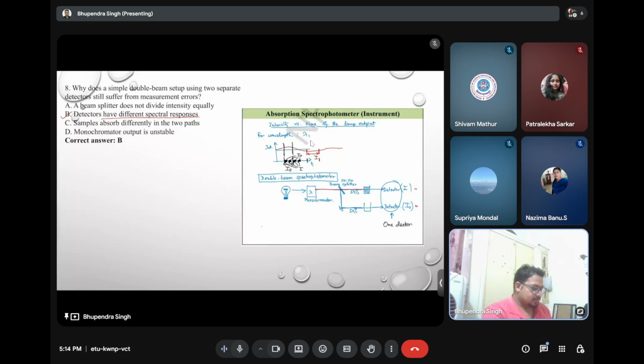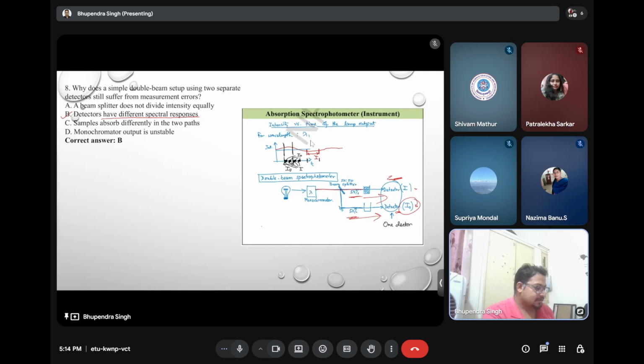Because with two detectors, even if you split the light 50-50, 50% going to this detector and 50% going to that detector, their response is not the same. Their efficiency of detecting the photons is different. Then there is no point of reference.